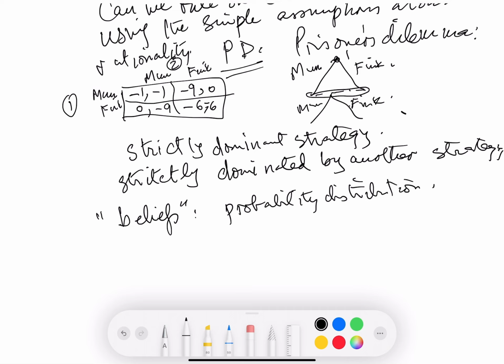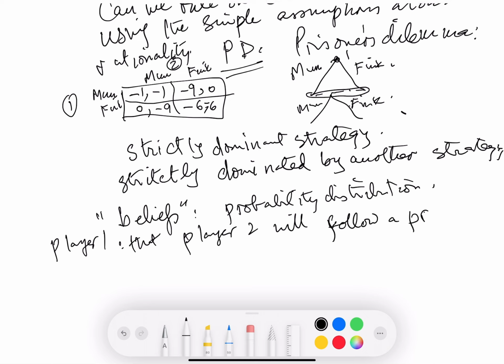So what is my belief that player 2, let's say I'm player 1, will follow a particular action?